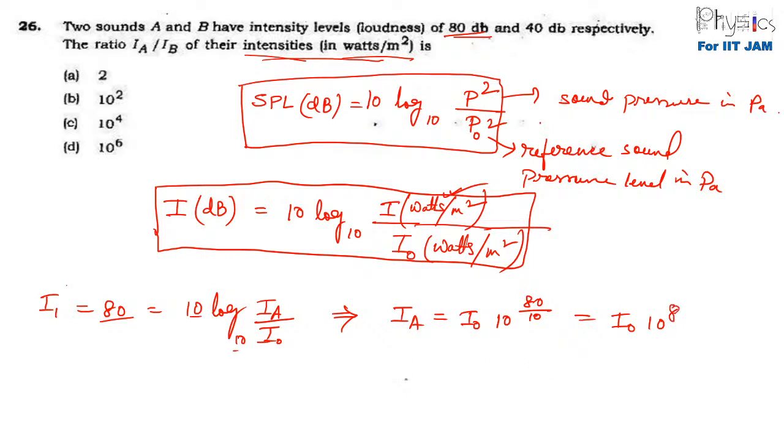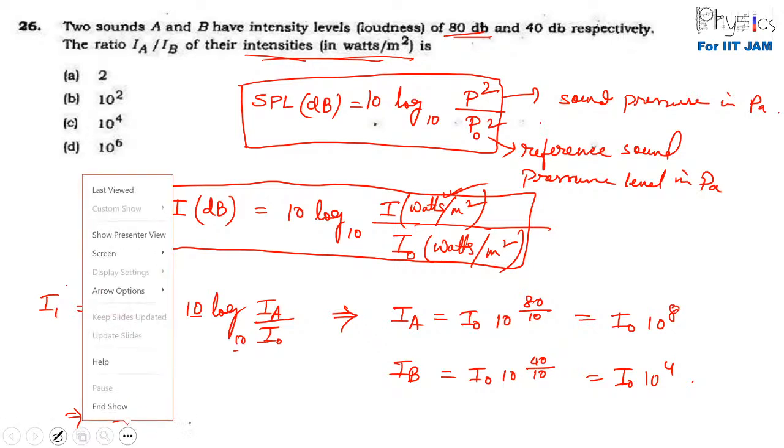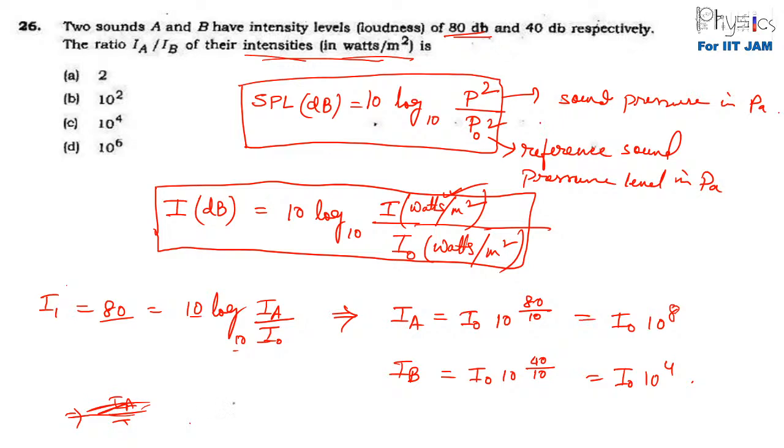Okay, and similarly we get IB as I0 times 10 to the power 40 by 10, that is I0 times 10 to the power 4. So we get IA by IB equal 10 to the power 8 by 10 to the power 4, that is equal to 10 to the power 4, right?